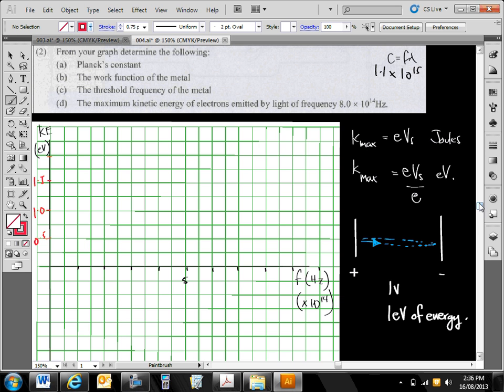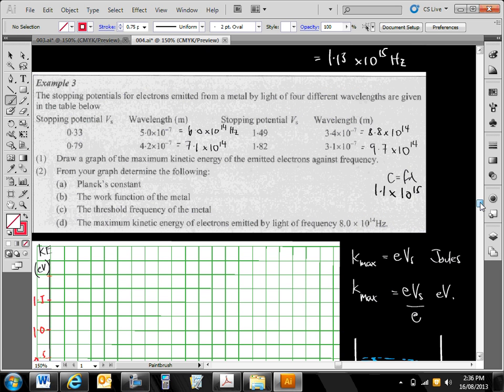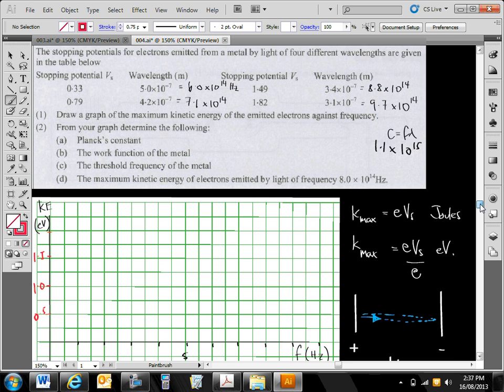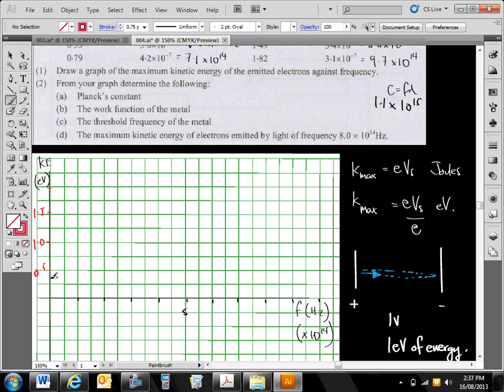Now let's draw in our values. For 0.33, we've got a frequency of 6 by 10 to the 14. 0.33 is around here somewhere. That's 0.25, that's 0.33. We can go up to 6, which is there. 0.79 is 7.1. So there's 6, there's 7.1. Up to 0.79, which is about 0.8, about there. We happy? Tell me if I'm wrong.